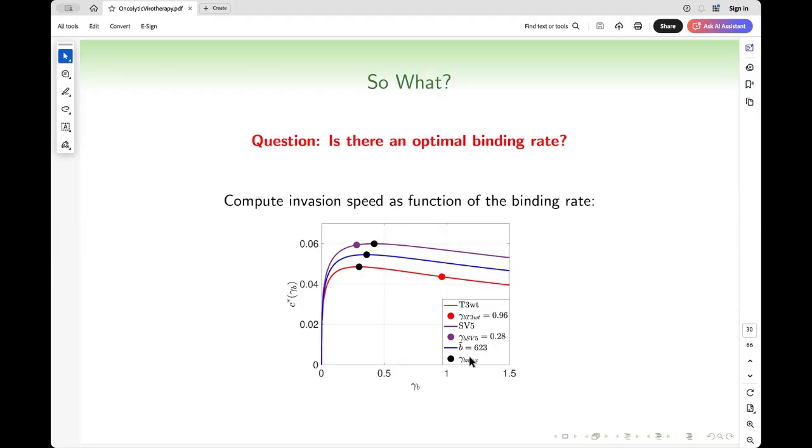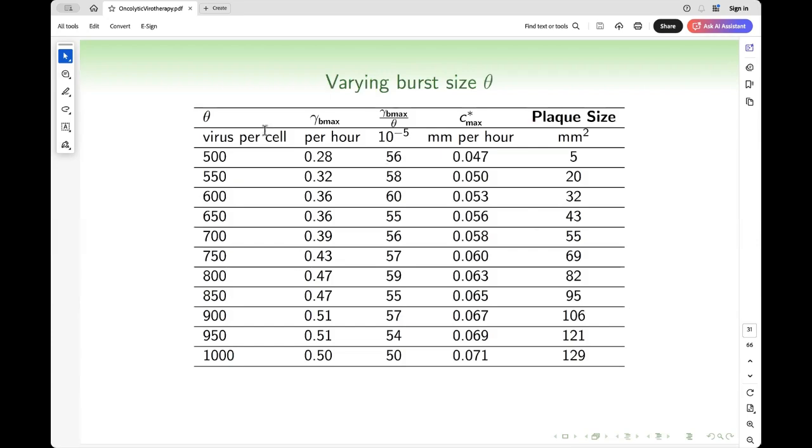Here the burst size is 632, but then the maximum values are all very close together. Okay, so to be more specific, we gave a table. This is what I gave to Maya Shmulevitz. If we have a burst size between 500, 600, 700 up to 1,000, and we have a binding rate of 0.28 to 0.5, then we get a speed of these values here and a plug size of this size.